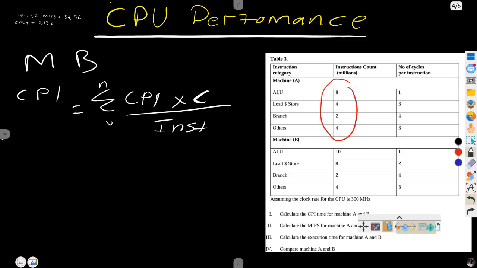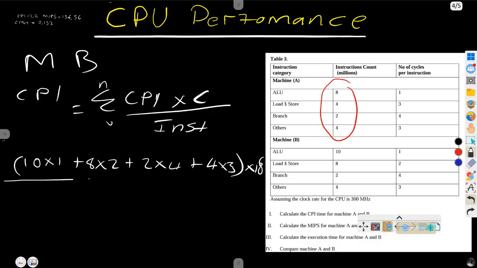Therefore this will result in: 10 times 1 plus 8 times 2 plus 2 times 4 plus 4 times 3, all times 10 to the power 6, because of millions. The same thing under we have instructions. What is our instructions? It is 10 plus 8 plus 2 plus 4, which equals 24.